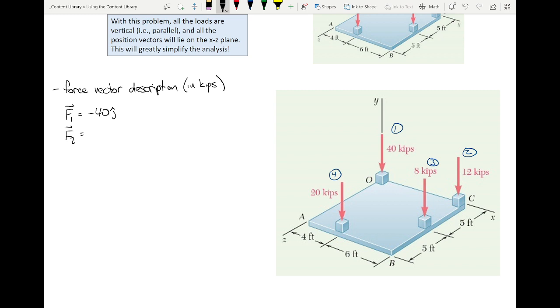F2 is negative 12J. F3 is negative 8J. And F4 is negative 20J. That should be pretty easy, right? I'm not doing that too fast, am I? Okay.